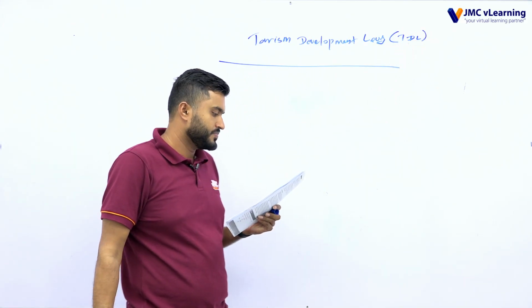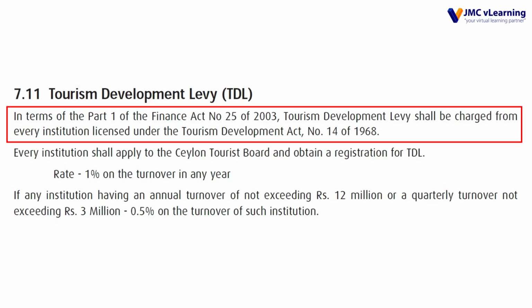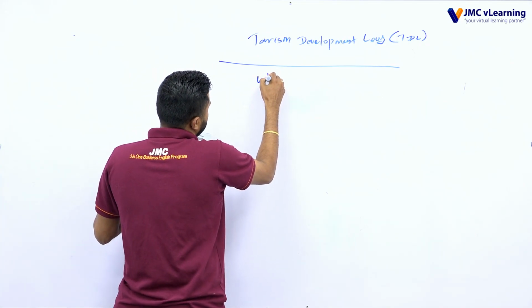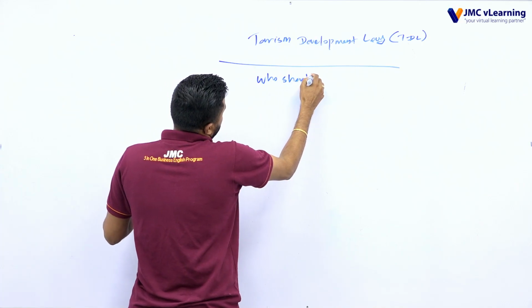So here the tourism development levy shall be charged from every institution licensed under the Tourism Development Act. Who should pay?